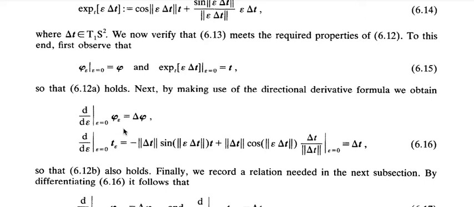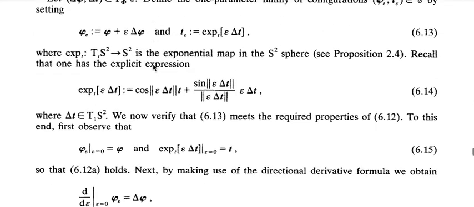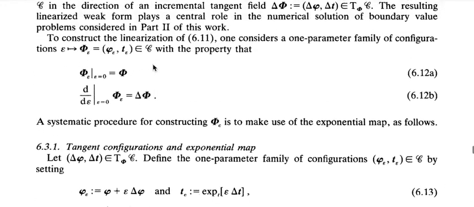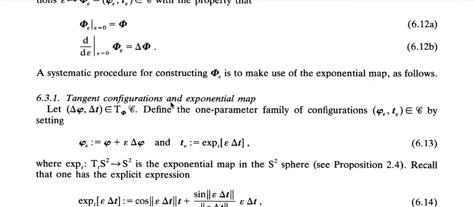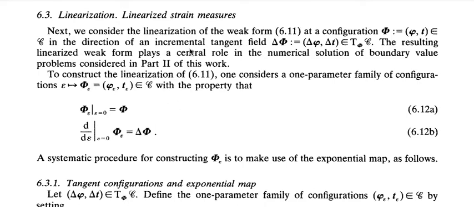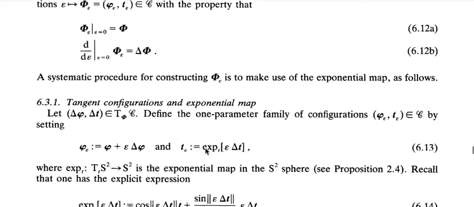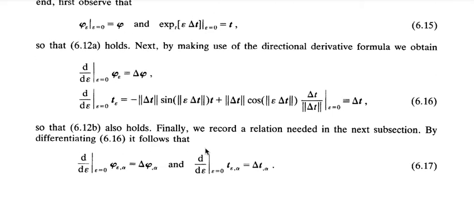At epsilon equal to 0, we get both of these, and when the derivatives are considered, we get here delta phi, and when we consider the derivative of t epsilon, we get delta t. So both of these conditions have been satisfied, and now we can consider this as a valid delta capital phi map, or rather directional increment, which is lying in the tangent space of the family of shell configurations.